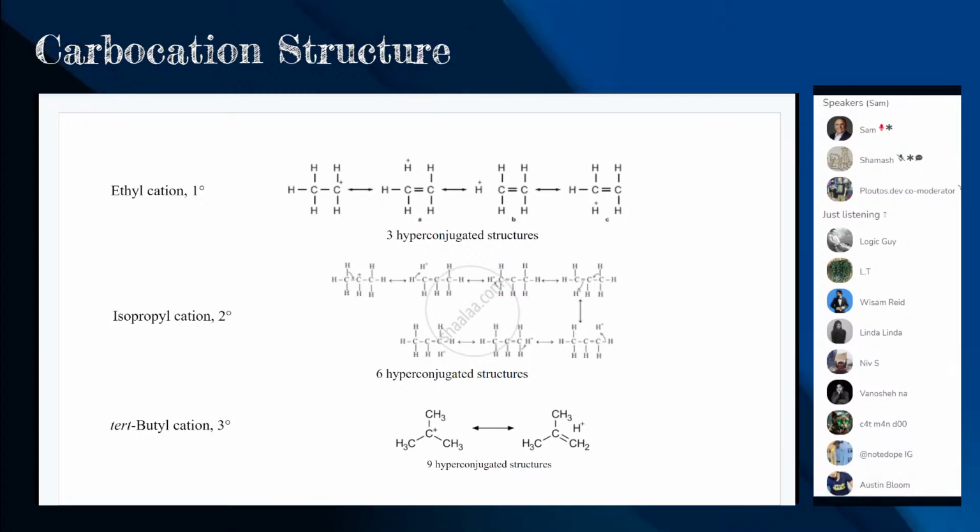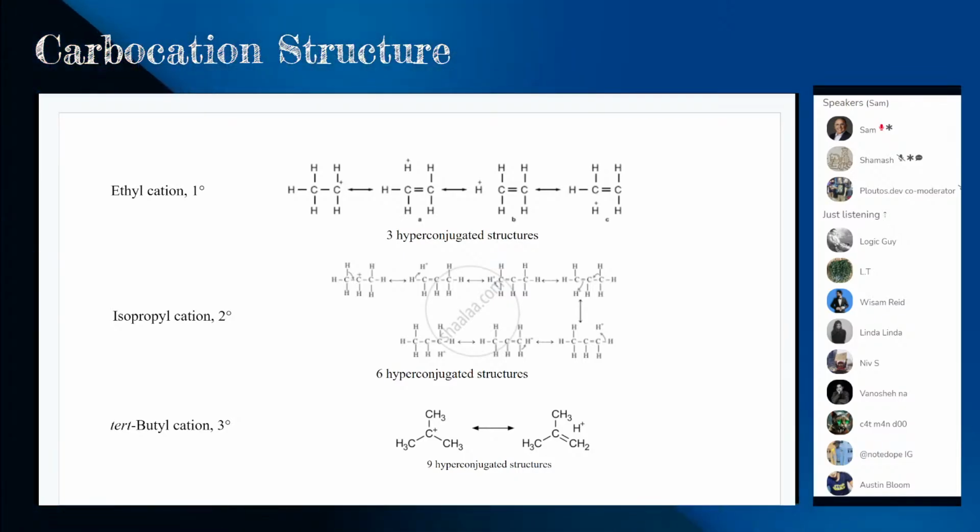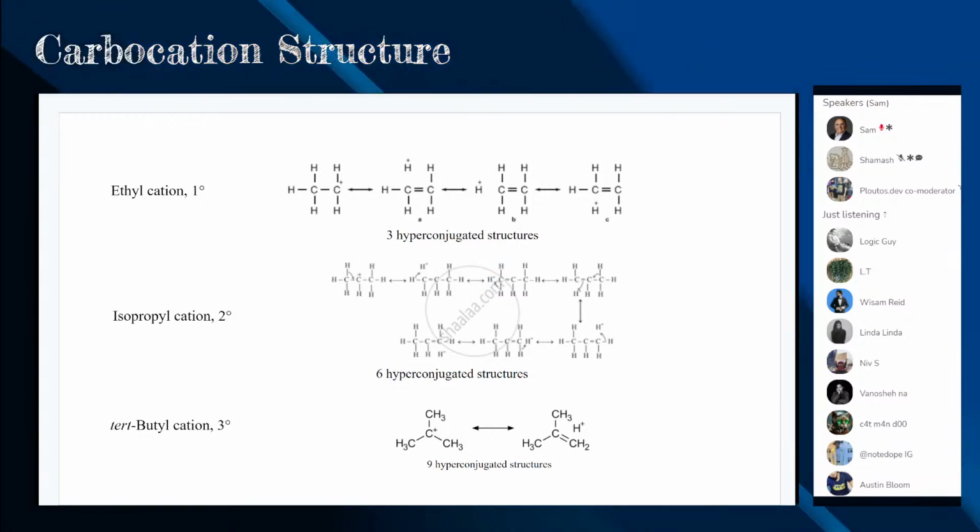These are called hyperconjugated. Normal conjugation is when p orbitals overlap. Hyperconjugation is when we have electron donation from a sigma bond into a p orbital. So I can only draw three hyperconjugated structures.